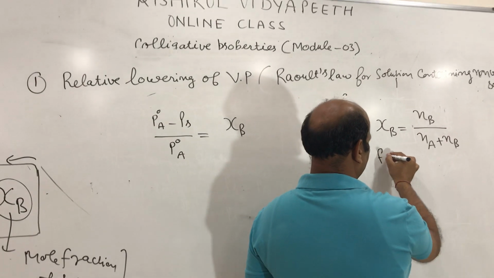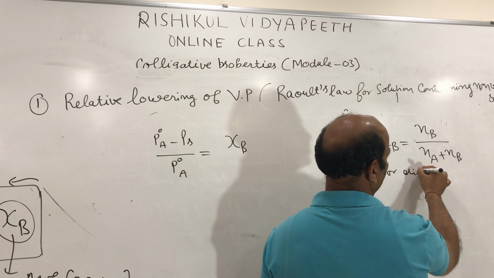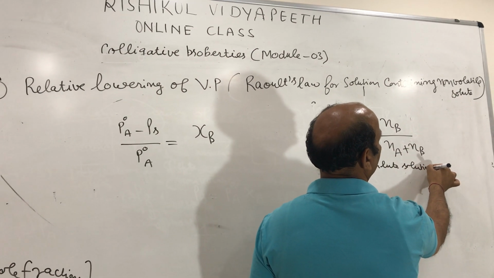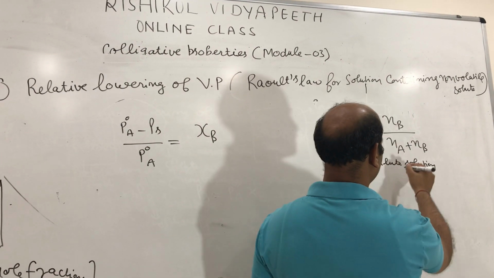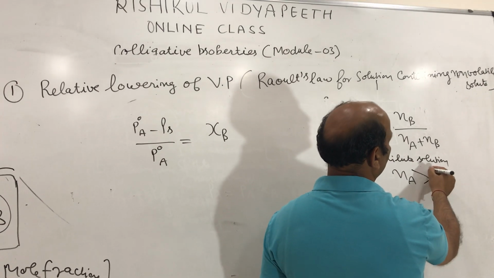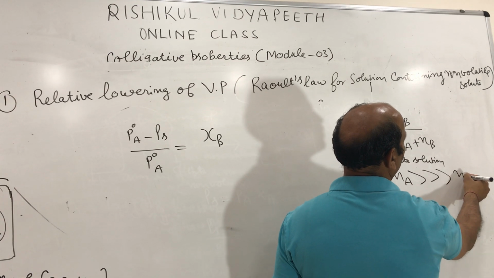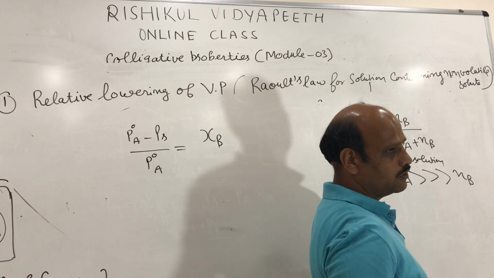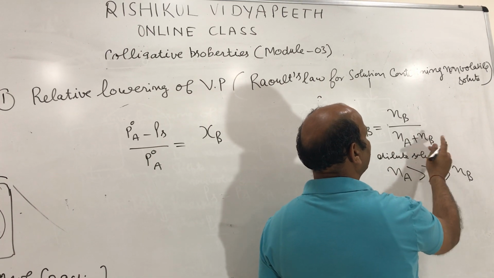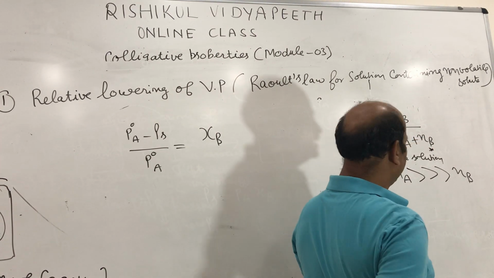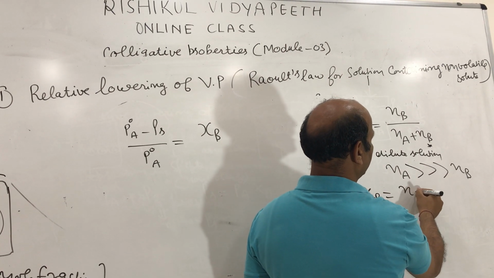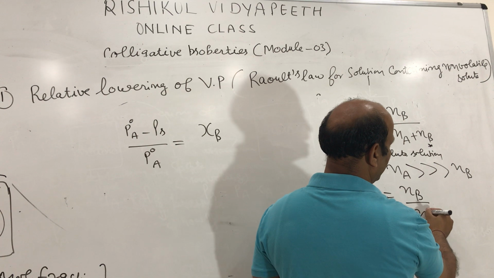For dilute solution, we are taking dilute solution, where number of moles of solvent is very large compared to number of moles of solute. Or you can say NB can be neglected in the place of NA. So we can write XB is equal to NB upon NA.